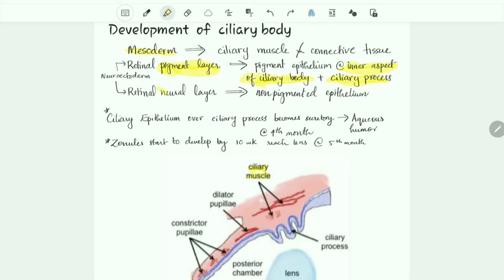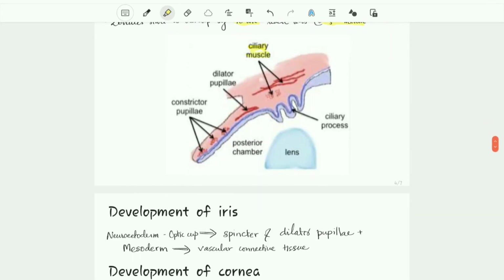Then the inner thick neural layer gives rise to the non-pigmented epithelium of the ciliary body. Then the ciliary epithelium of the ciliary process becomes secretory and secretes aqueous humor. The zonules, which connect the ciliary body and lens, start to develop at the 10th week and reach the lens by the 5th month.